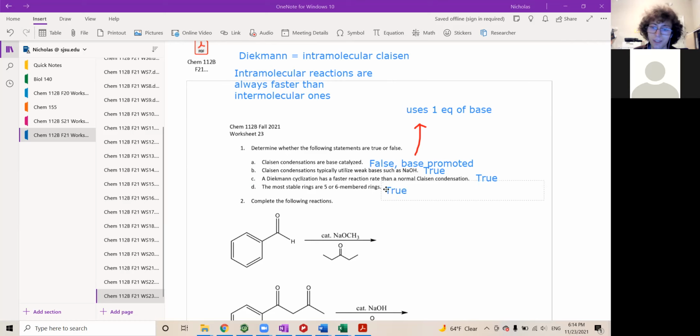There's not a lot of details I can talk about to explain this. You can review the chapter from the textbook or your notes from 112A. It's really far back, probably like chapter 5 or 4 or something like that. But it has to do with the bond angles. And this is relevant because if you have multiple rings you could form, then maybe the most stable one would be the one you prefer making.